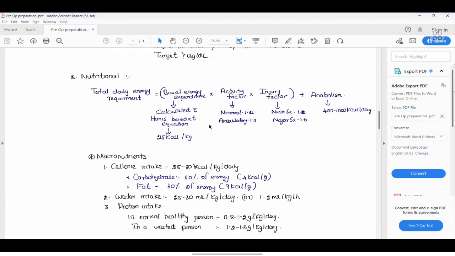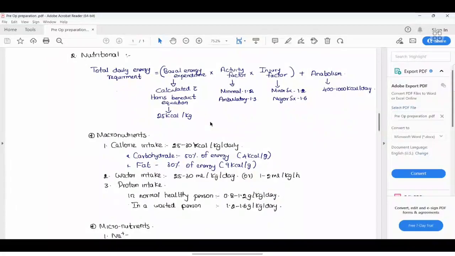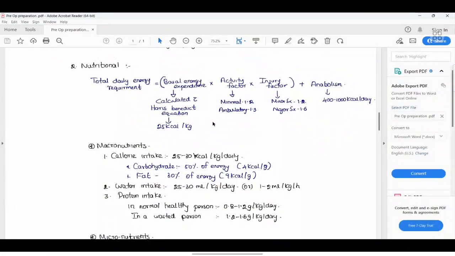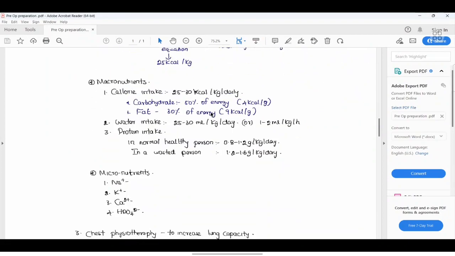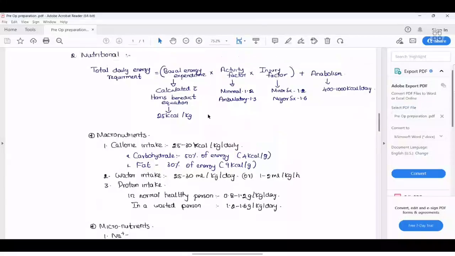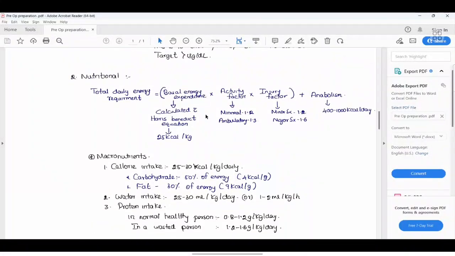Then the nutritional modification. Ideally, we have to calculate the daily calorie requirement and the micronutrient requirements like iron, and then prepare a specific diet. But what we do is refer to the nutritionist and get it done with them.